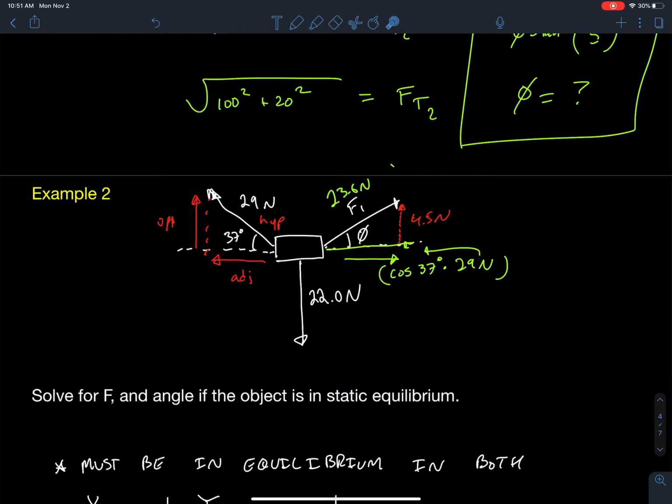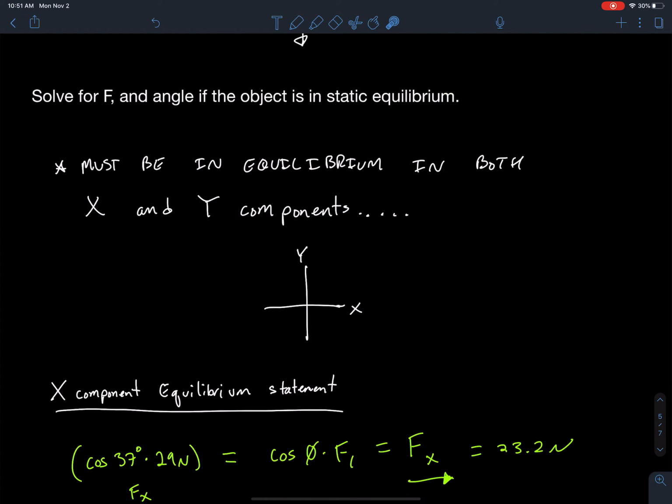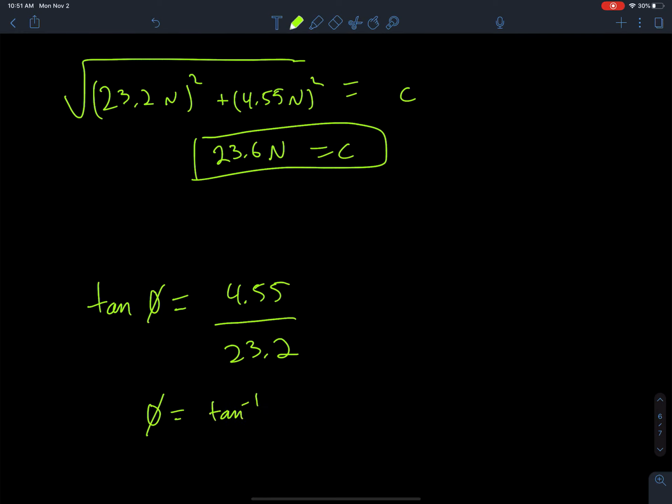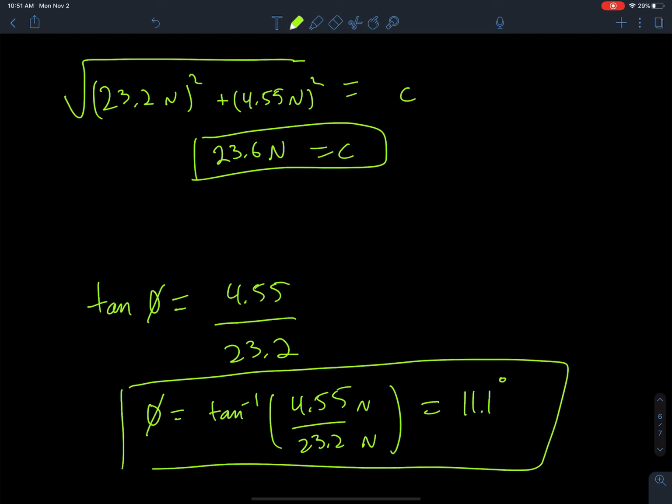So tan theta is equal to 4.5 over that, and I'll be able to get you the angle. Tan theta is equal to 4.55 over 23.2. Theta is equal to 11.1 degrees. All right, and that's how we solve that last hard problem.